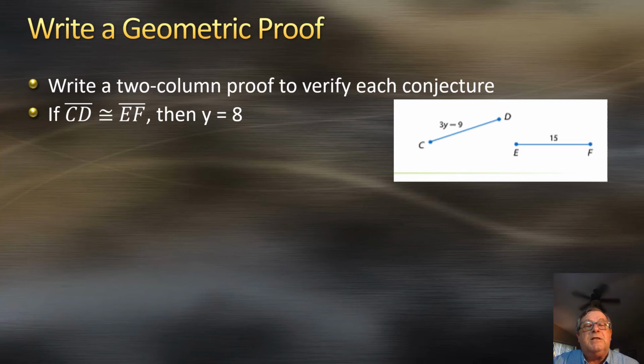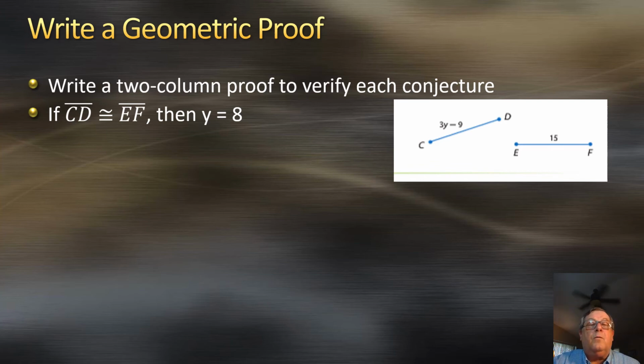If segment CD is congruent to segment EF, that's our hypothesis, then our conclusion, y is going to equal 8. And again, we could look at those and set 3y minus 9 equals 15, and we solve it, and it'll probably come out to 8. In fact, I know it will.